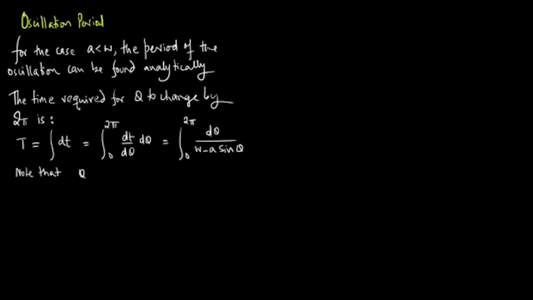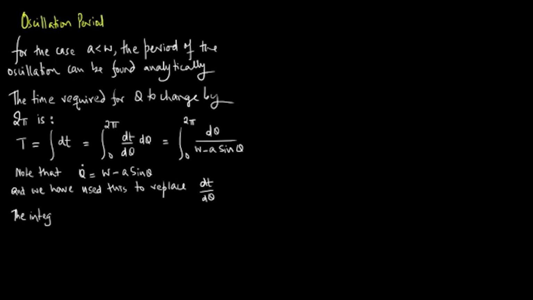Now note that theta dot is equal to omega minus a sine theta, as we have used this to replace dt divided by d theta. So the integral evaluates to capital T is equal to 2 pi divided by the square root of omega squared minus a squared, and so now we have a formula for capital T.